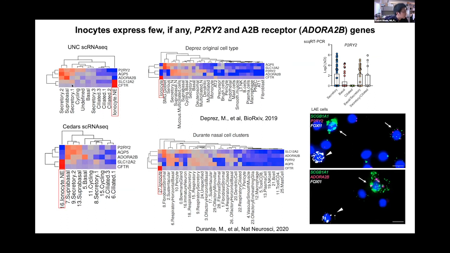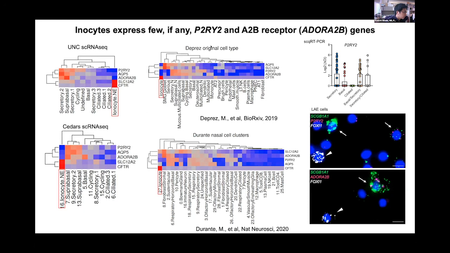But this cell type expresses P2RY2 and adenosine receptors that are important for CFTR activity. And this data is consistent with other published single cell RNA sequence data. This is Dr. Sripada's data, which also shows ionocytes almost undetectably express P2RY2 and ADORA1.